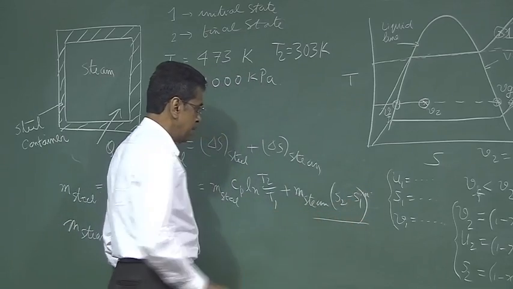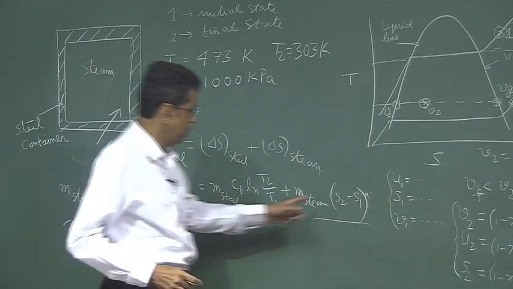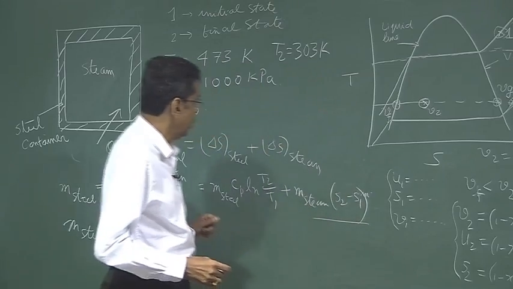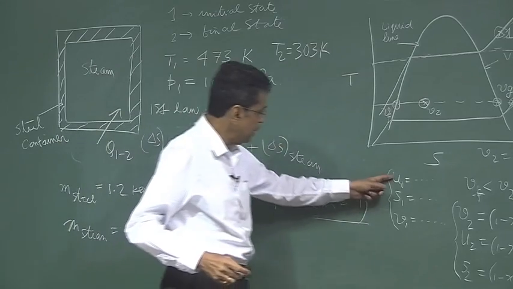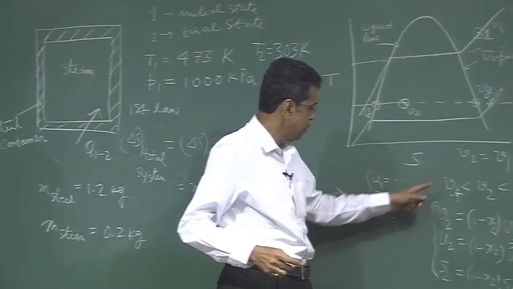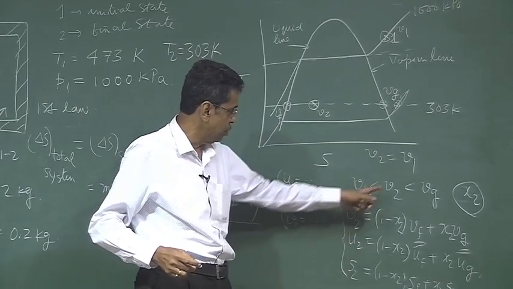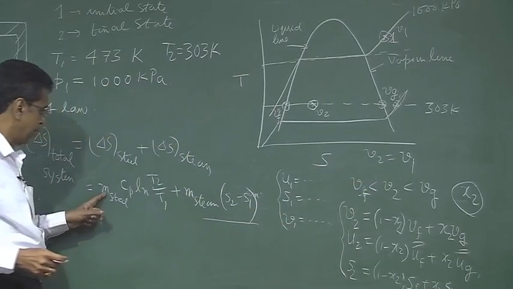This is already obtained. S2 value we know, S1 value we know, because from the superheated steam table I get this, from the saturated steam table I get this with this check, and then we can find out.